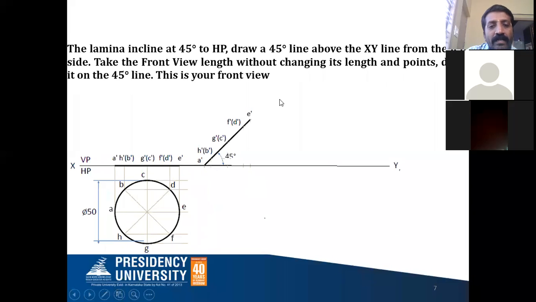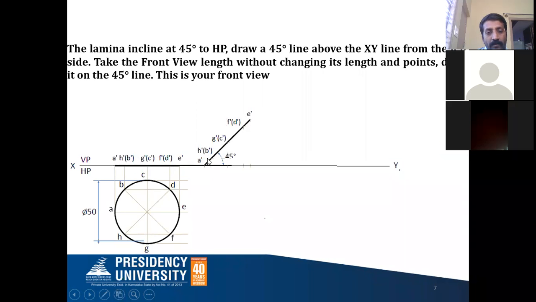After drawing the 45 degree line, with the help of your compass, you take this front view length and this as the center. You cut this 45 degree line. After cutting this, you join this with a thick line and transfer all the corresponding points also here without changing anything.